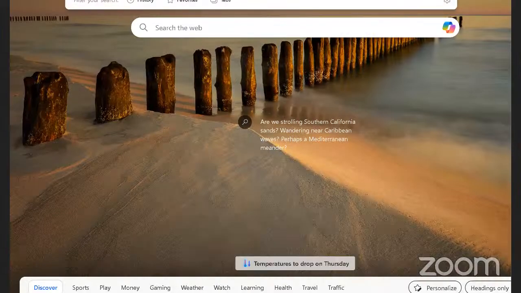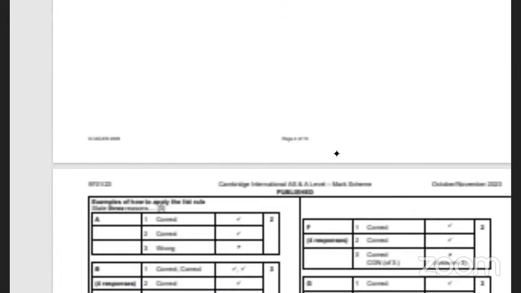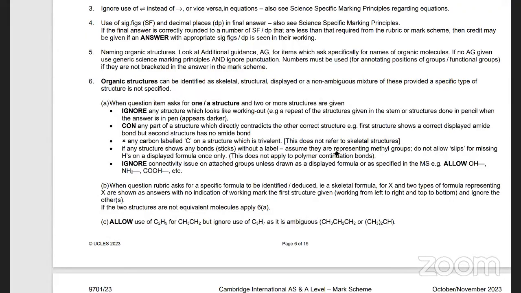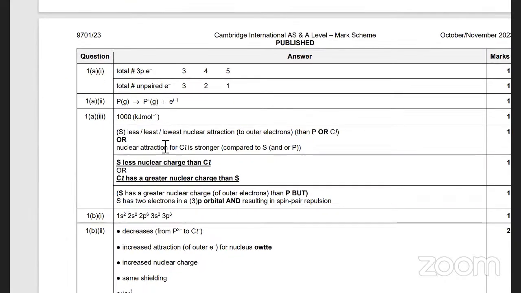So that's a lot of marks. Let's just have a look at the distribution. Here, 4 marks, 1000. That's correct.